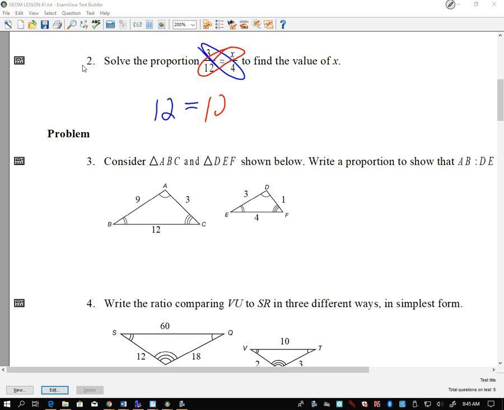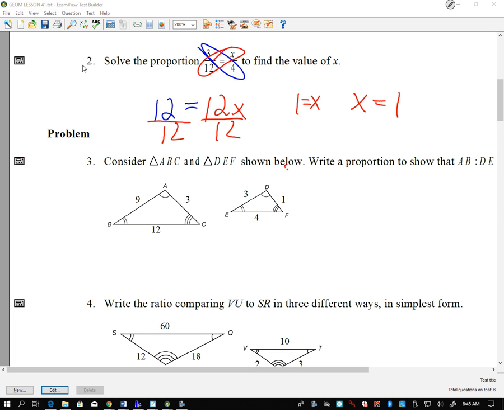Okay, I want to solve for x. How do I solve for x? By? Divide by 12 on both sides. That's going to isolate that x. What's 12 divided by 12? 1. So 1 equals x, for x equals 1, right?